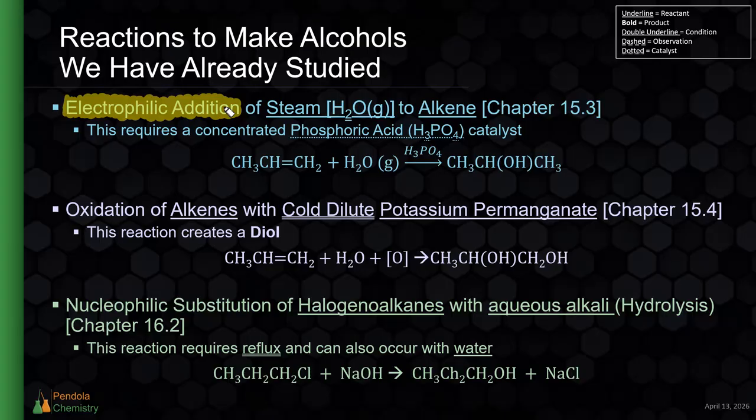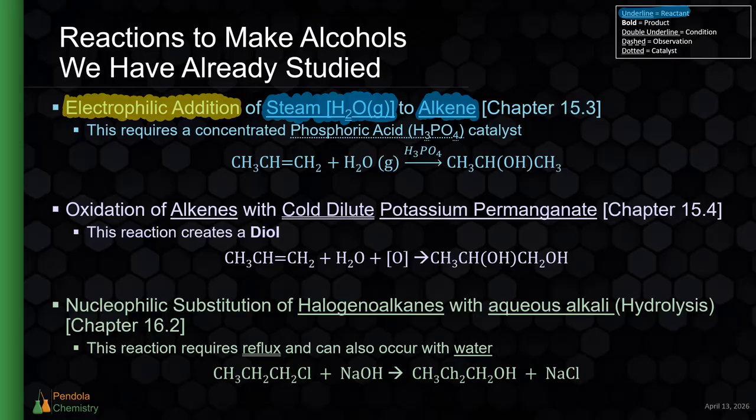In the case of the reaction between alkenes and steam, we were able to make an alcohol. So when an alkene reacts with steam, which is heated water in the gas state, so this will not work with just regular water, it has to be steam. Those are our reactants. When that reaction happens, an alcohol is created.